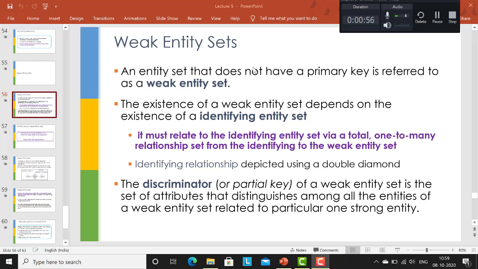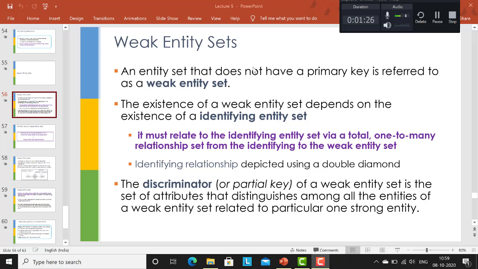A very classical example is modeling berth numbers in coaches. Let's say you're trying to design a railway reservation system, and you have this concept of berth numbers, which you assign to people.